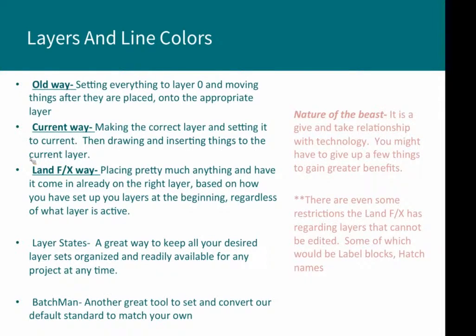So being able to make the correct layer and set it current, and then actually draw and insert things onto that current layer is definitely an improvement on having to highlight and switch things over as you draw or after you draw. There are definitely things that are error prone when that process is being done.